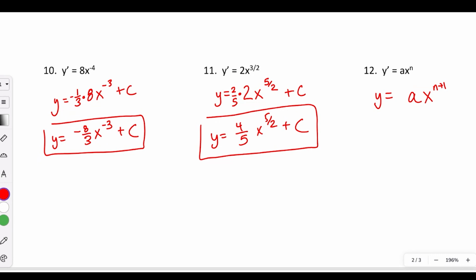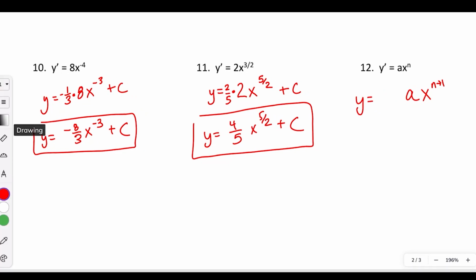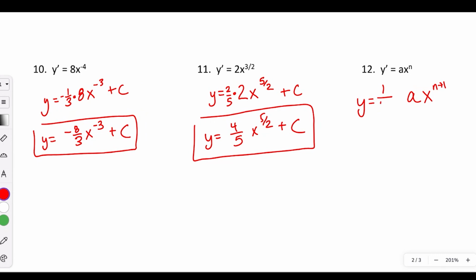But then I also have to remember to multiply this by the reciprocal of that new exponent. So 1 over n plus 1. And then don't forget the plus c. Okay, you have to include the plus c.